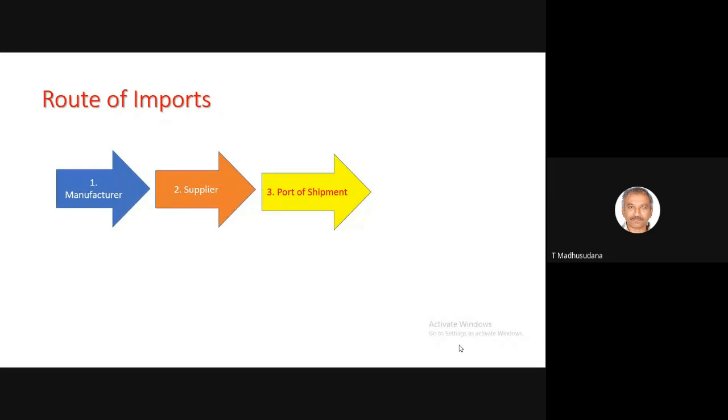That means suppose for example we have placed an order for certain goods in America. So the America ship company, the supplier of America, will book the goods in the ship of America.